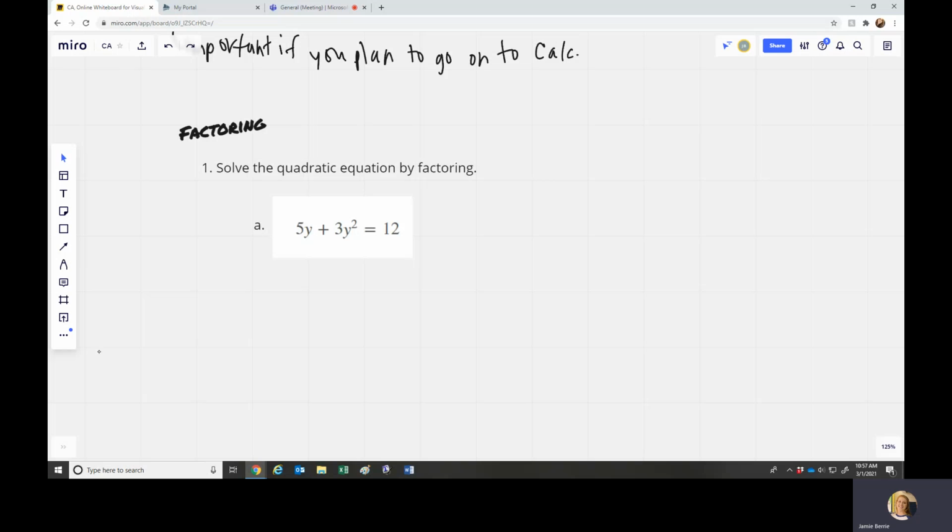So to solve the quadratic equation by factoring, we have 5y plus 3y squared equals 12. Now, your book notes this, and it's very important, so let's write this over here.